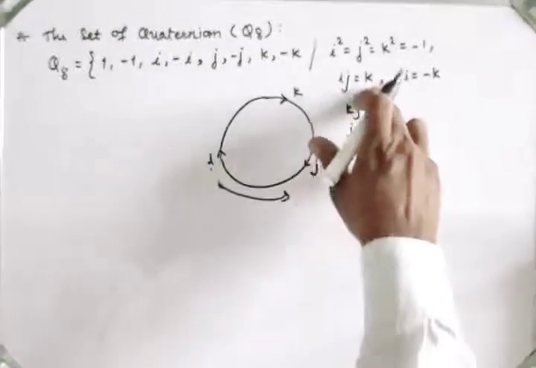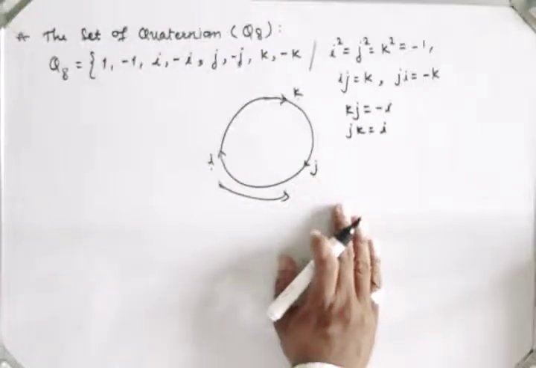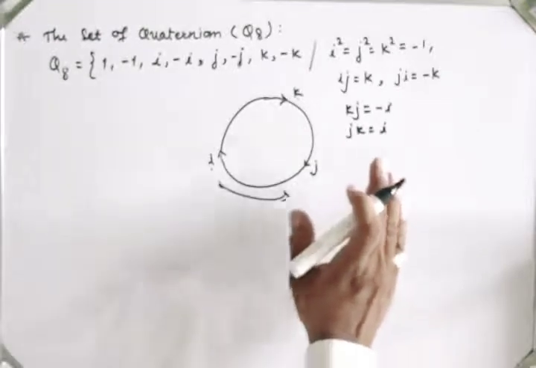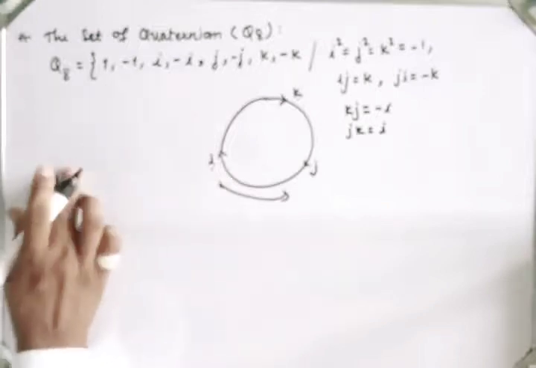We will take I into J is equal to K, and J into I is equal to minus K. So we will prepare the composition table of quaternion group.